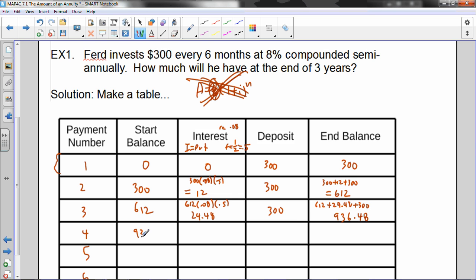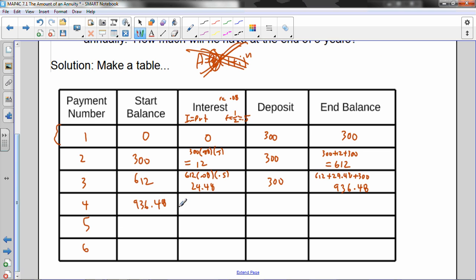I'm only going to do a couple more like this and then show you the final answers. So here, this is the new amount that earns interest, and I'm going to earn interest on interest. That's the compounding part, and that's 37.46, and so on, and I can keep going.